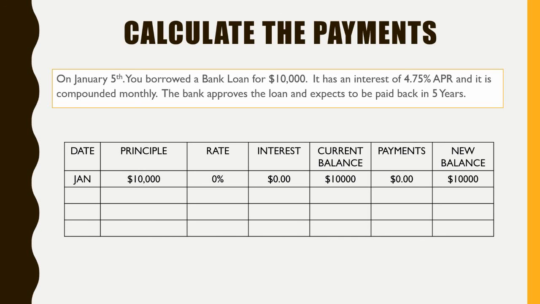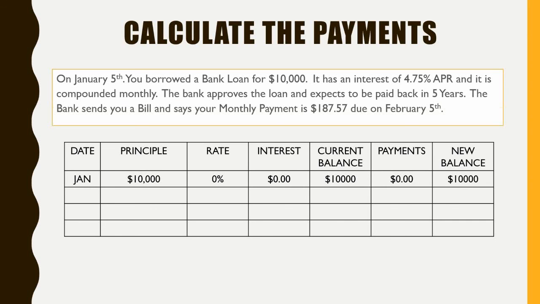So my interest expense is nothing, and my current balance is still $10,000. That means when the next month rolls around, this is where it's going to start calculating interest. Let's go ahead and calculate that interest, because now a month has passed by, so we have actual information that we can use to calculate our total amount.